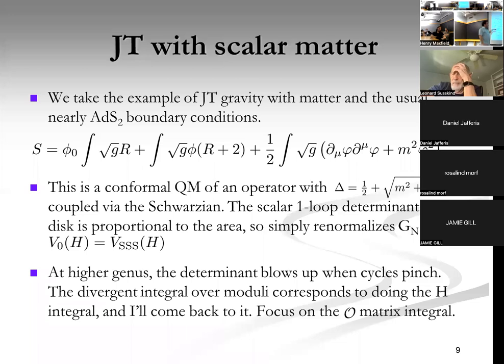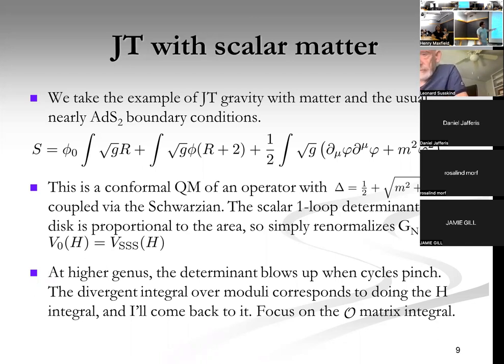So for example, if we stick with disk correlators, we should also compute the scalar one-loop determinant for the disk. That turns out to be not very interesting because you get an answer proportional to the area of the disk. So it just normalizes the effective coupling of the JT gravity, so it doesn't get anything interesting.